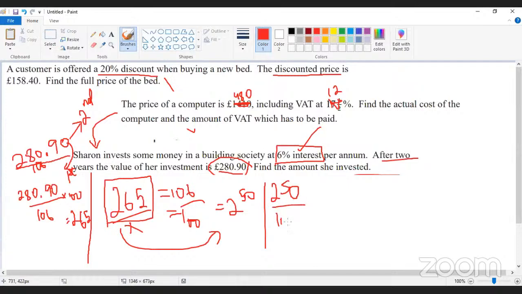So out of 100%, that is 6% interest. So I'm getting an additional amount, that is 265. Now from this 265, it has been extended for another 1 year, so that is divided by 100 into 106. So I get 280.9. Are you clear with that?